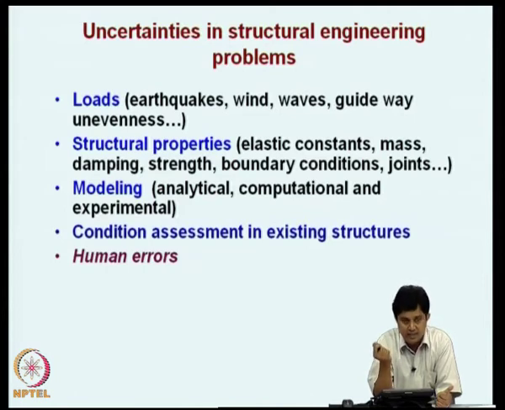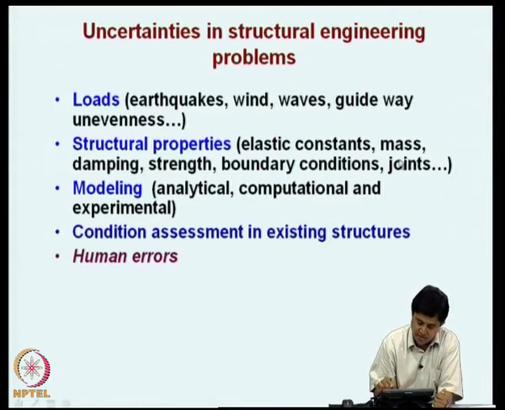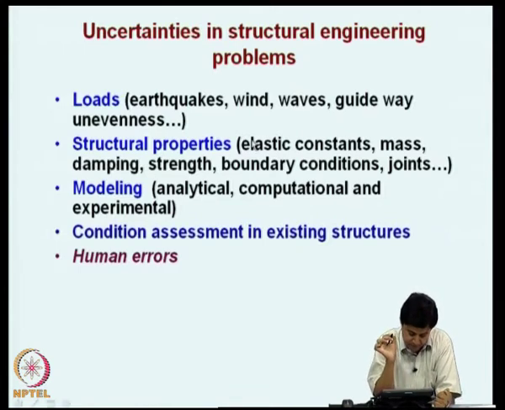For mathematical idealization, one could assume that they are pinned, but in reality there could be partial fixity. So, there is uncertainty about the flexibility of the joints. Similarly, boundary conditions: typically in modeling we assume they are free or fixed or hinged, but in reality they can be quite complex. Okay. So, they also introduce uncertainties in our modeling.